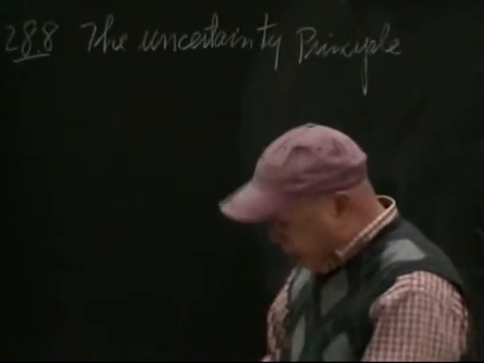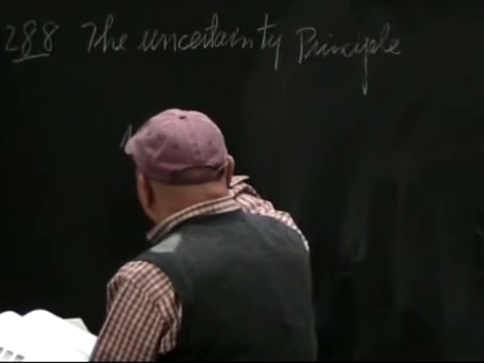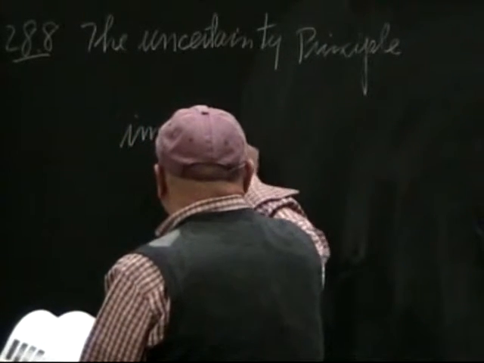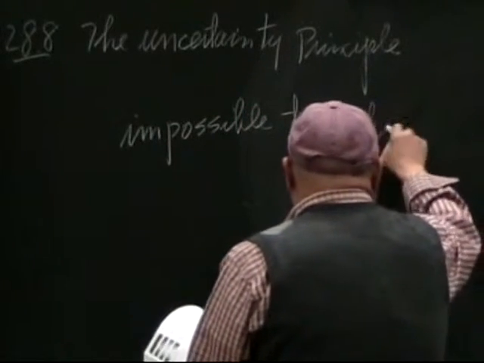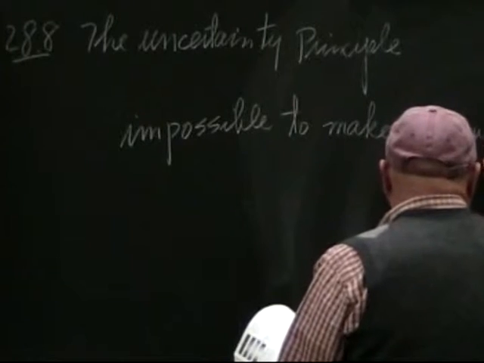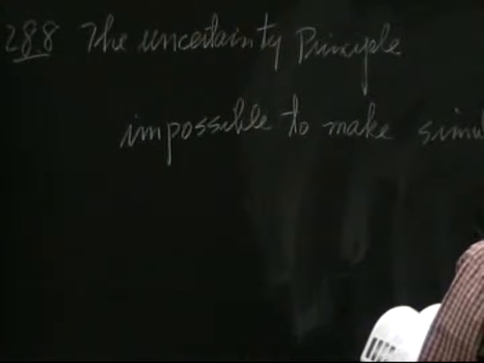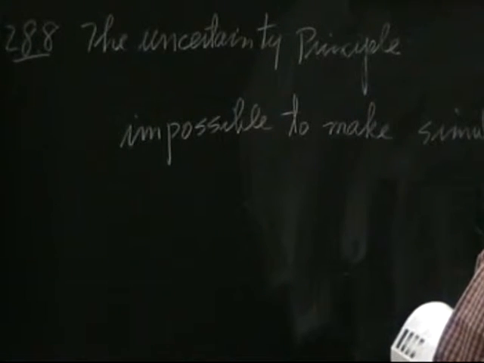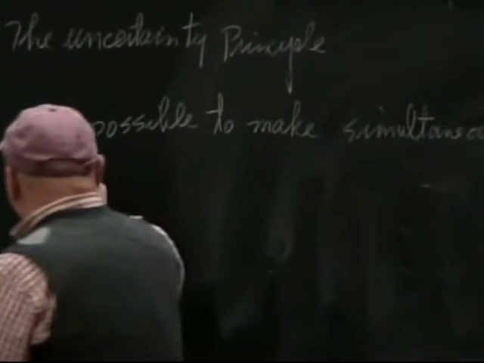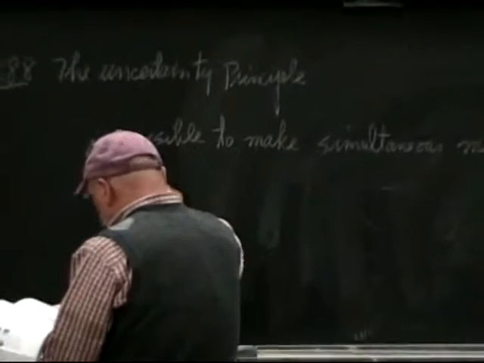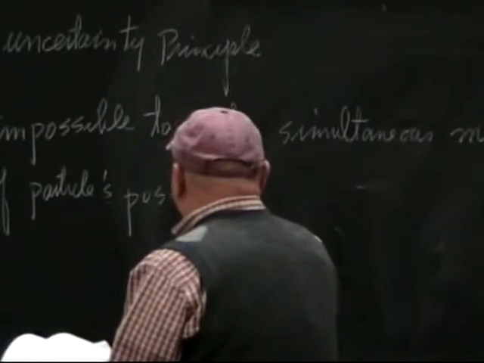So the uncertainty principle is that it is impossible to make a simultaneous measurement of a particle's position and momentum.